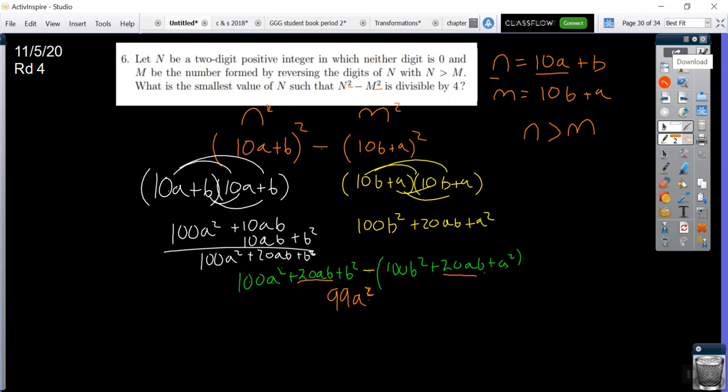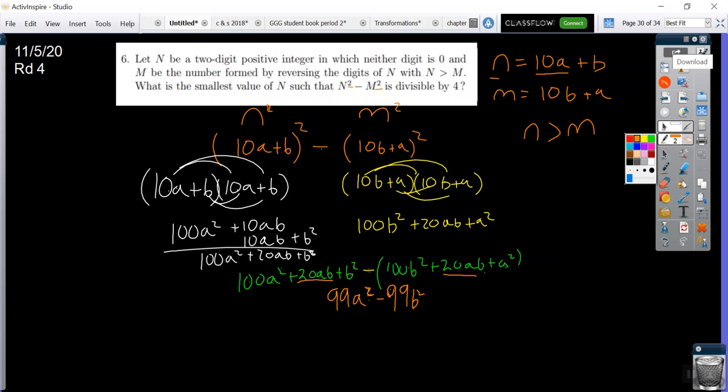So what is b squared minus 100b squared? Well, that's minus 99b squared. I'm having troubles with my pen. I'm sorry about that. All right, so great. Well, 99a squared minus 99b squared, what number is in both of these? 99.